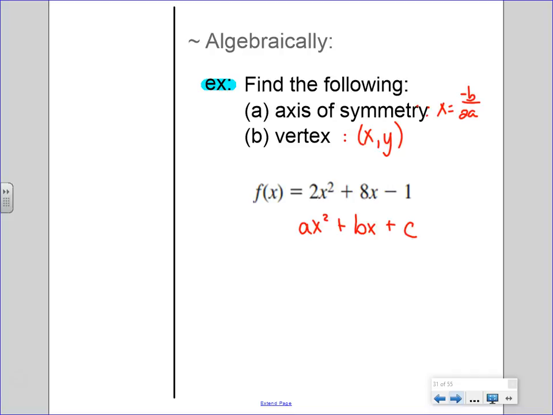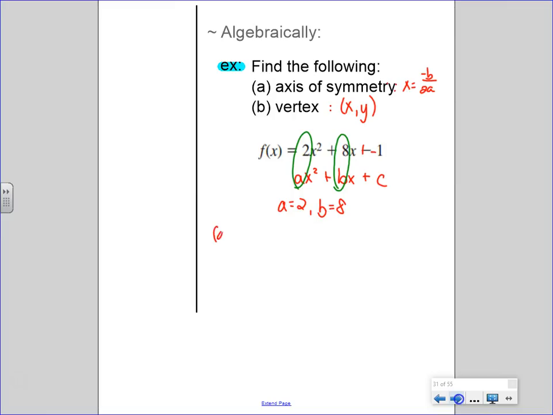So c is negative 1, but that's not what we're asking. We're asking for who is a, and the answer is 2. And who is b? The answer is 8. So we have a is 2, b is 8. It's time to plug in for our axis of symmetry.